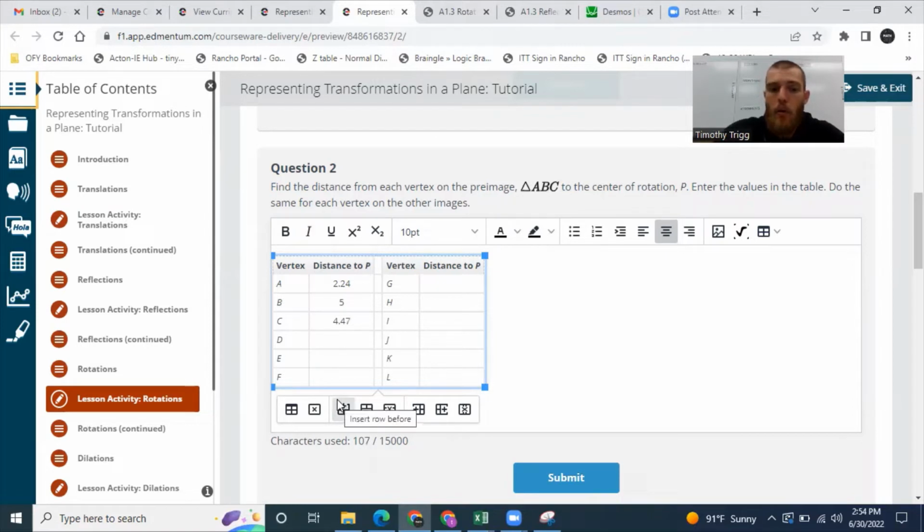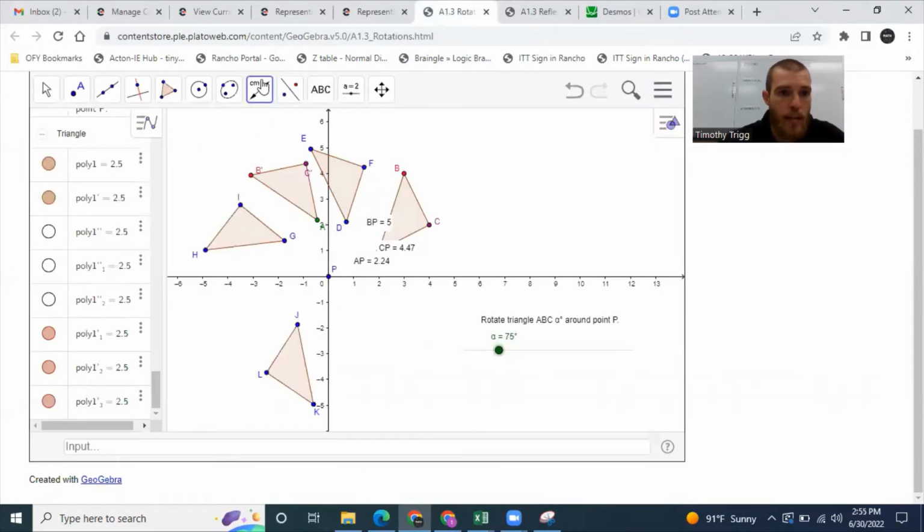Okay, now then we're going to find the distance from each of these coordinate points, D, E, and F, to point P. Once again, I'm using distance or length, D to P, E to P, and F to P. Well, what do we notice about these lengths? They're the same as ABC's points to point P, right?